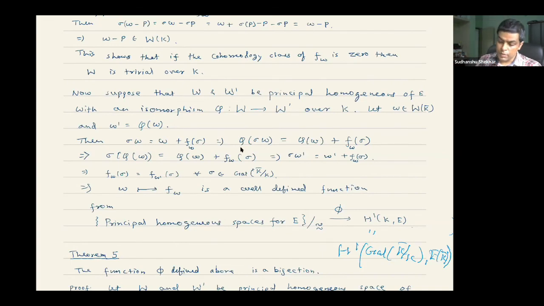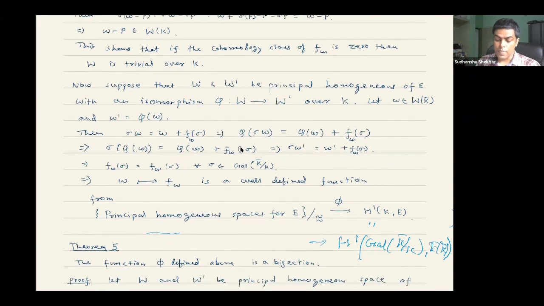So we have these two objects, and given a principal homogeneous space, we want to associate it to a cross homomorphism and the other way around also. That's what we have done here. First we took a space and a point on it and got a cross homomorphism, then we showed that, modulo principal elements, it is independent of the choice of point.